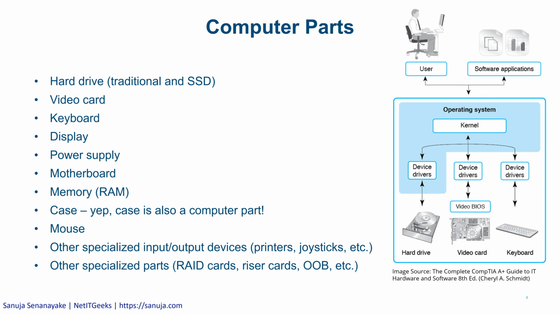So let's look at some basic computer parts, because in this lecture we are doing just a broad overview. As we go through my next few lectures, we will go into depth of each of these computer parts, but for now let's look at a broad overview. So we have the hard drive. That can be traditional hard drives with a rotating disk, which are disk platter hard drives.